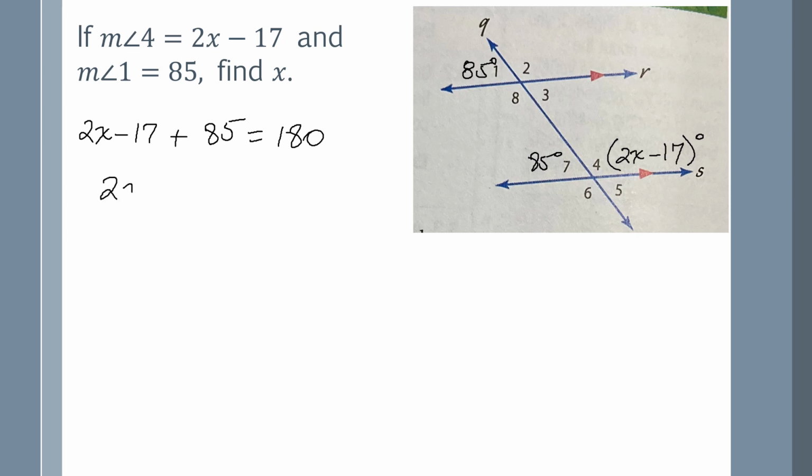So I get 2x plus 68 equals 180. So I'm going to subtract 68 from each side of this equation. And I end up with 2x equals 112. And then I just divide each side by 2 using my calculator, and I get x is equal to 56.